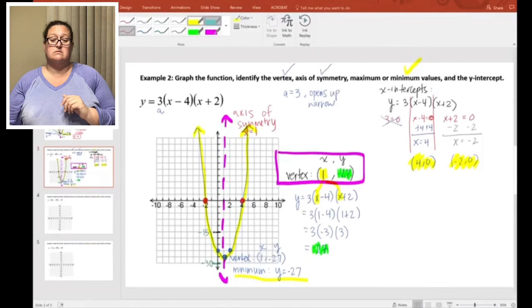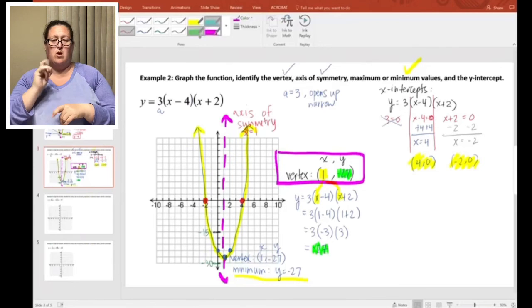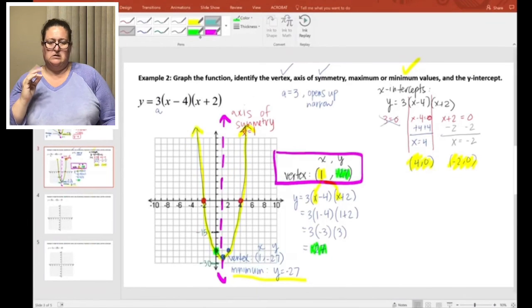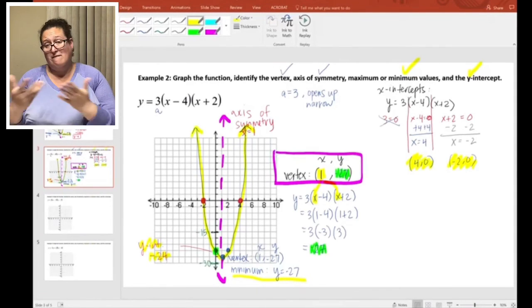And the y-intercept. The y-intercept is where the graph crosses the y-axis. Our y-intercept is at, well, it looks like it's at negative 24. And that's how you graph a function that's in factored form.